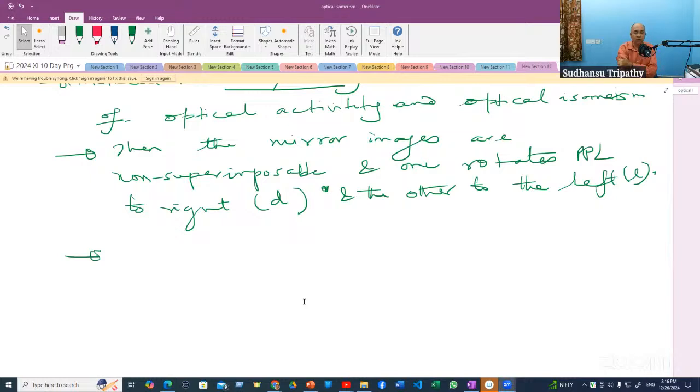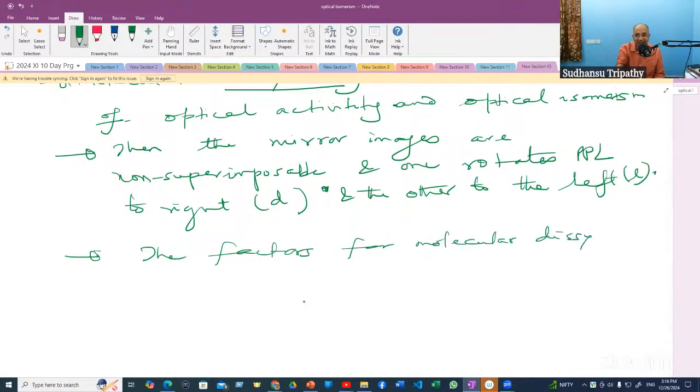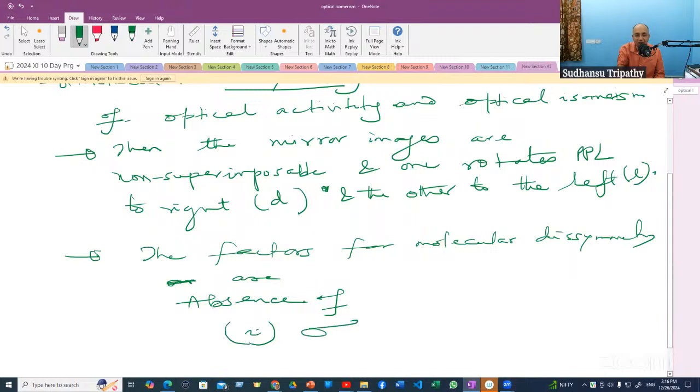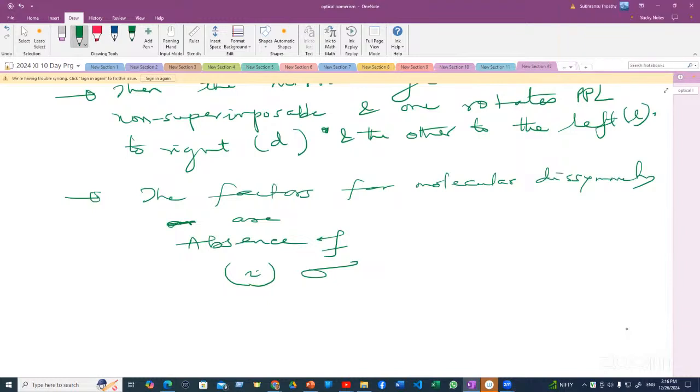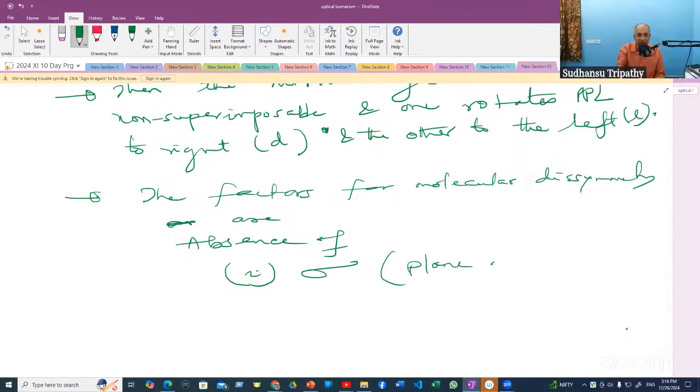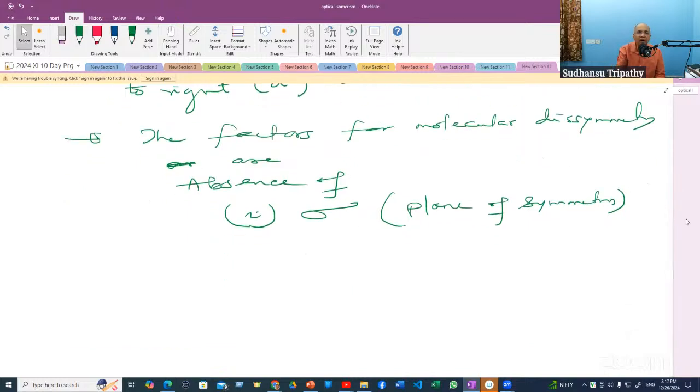I'm not scaring you. So the factors for molecular dissymmetry, I have to write again: absence of what? Sigma. What is sigma? Miss Samida. The plane of symmetry. Yes, plane of symmetry. Let me introduce: how do you define plane of symmetry?